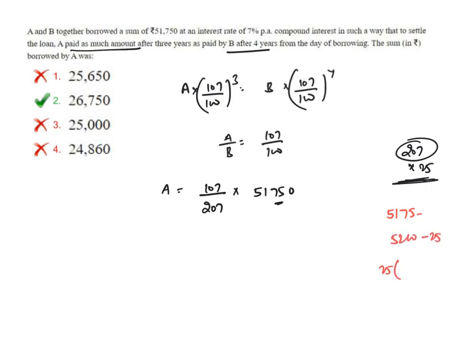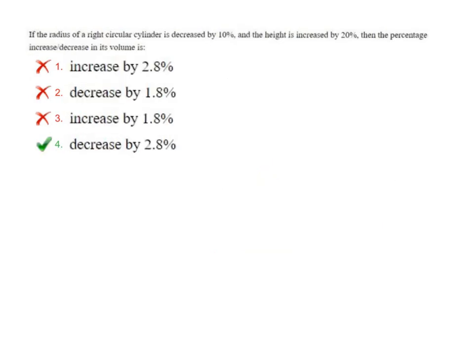Taking 25 common, you get 208 minus 1, 207. So therefore it goes in 25 times. 25 sevens are 175, 5 carry 17, again 7, then again 1. 25 ones are 25, 25 plus 1 is 26. Multiply it with 25, you get 26750. So the answer is 26750.